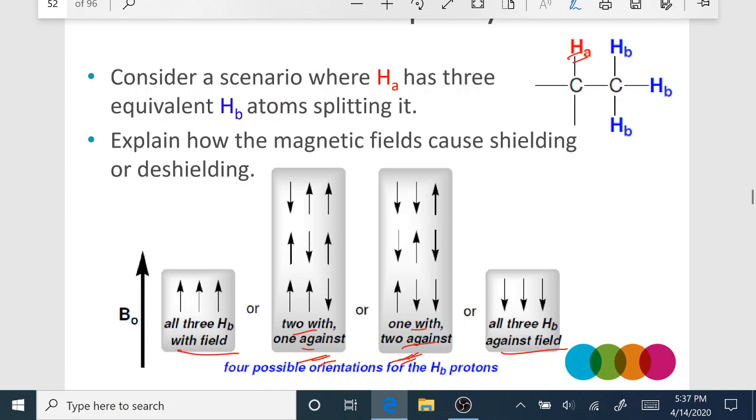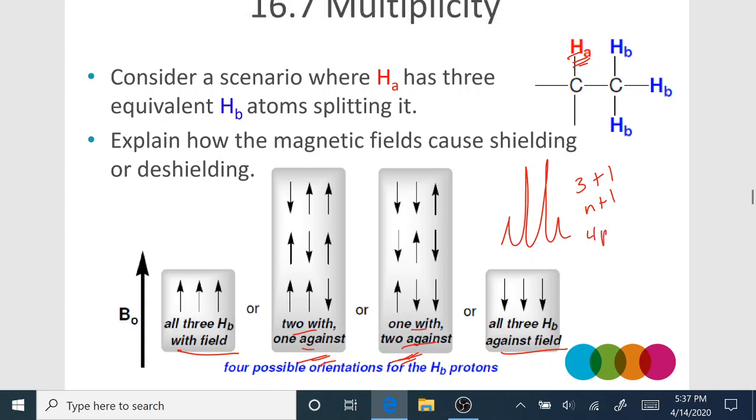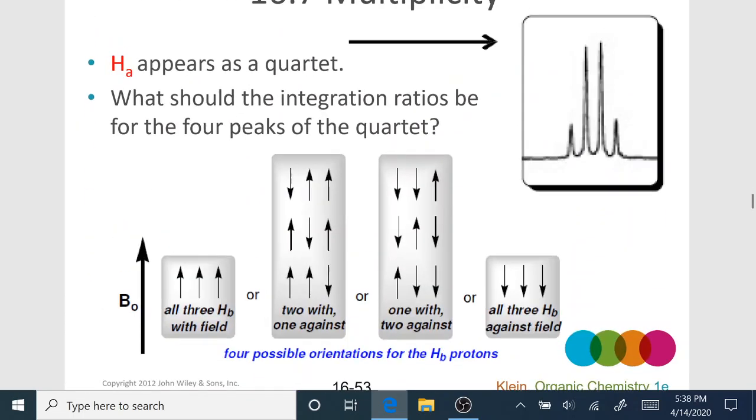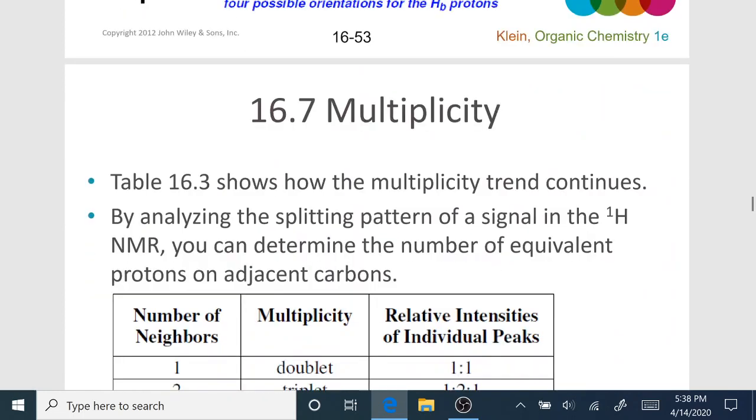But just know that we get a quartet in a 1:3:3:1 ratio. So if HA has 3 neighbors, 3 neighbors plus 1, we have an n plus 1 rule, where n is the number of neighbors. We get 4 peaks in that signal in a 1 to 3 to 3 to 1 ratio. Okay? So that gives us a quartet.